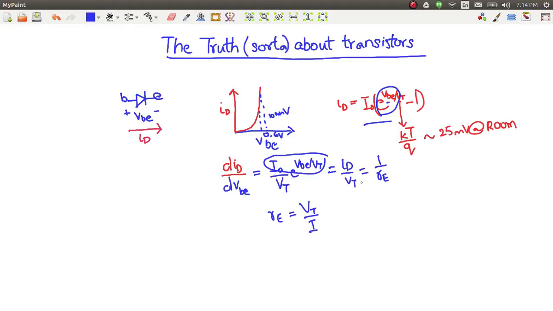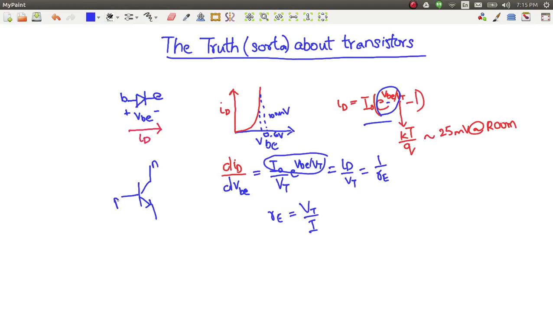Now how does this connect with the bipolar transistor? Well, in the bipolar transistor, the arrow actually indicates a diode. That also is a diode, in an NPN, which is what this is.